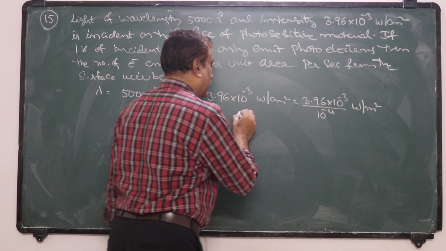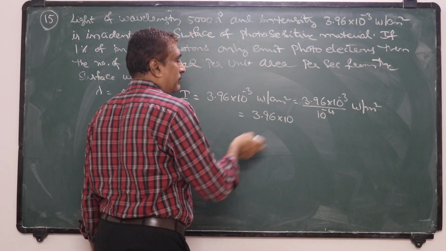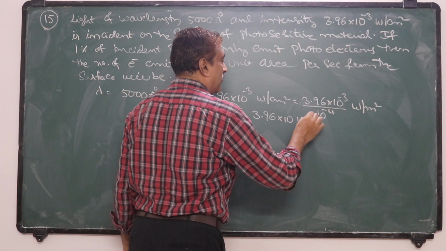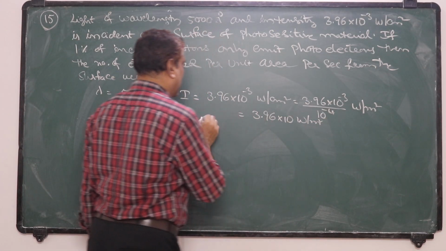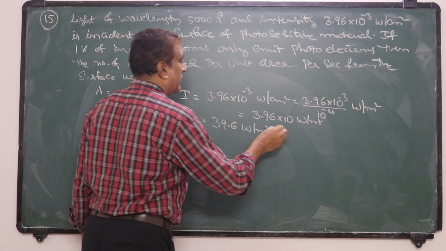So we get 3.96 × 10^1, that is 39.6 watt per meter square.